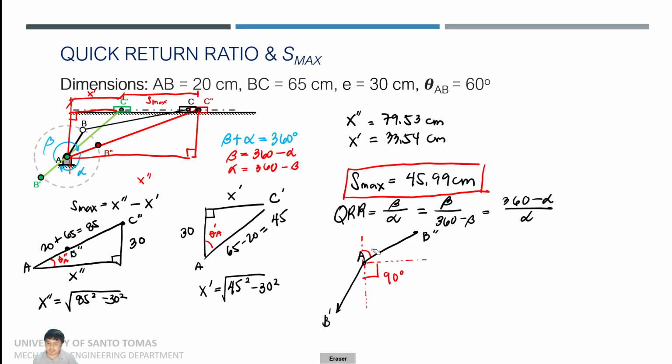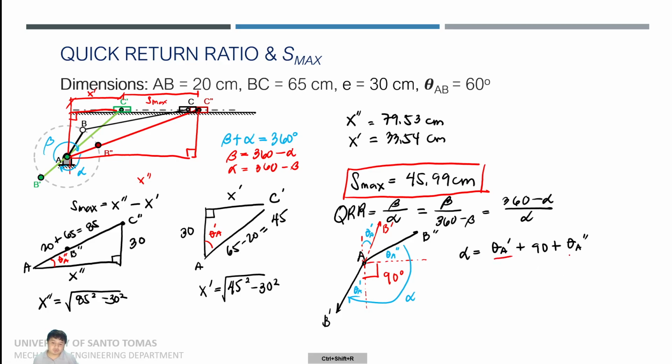Oh, this should not be that one. This should be the B prime. So they are vertical angles. So we have theta A here, and this is also theta A, and this will be theta A double prime. As you can see, the alpha is the total angle here. So alpha is equal to theta A prime plus 90 plus theta A double prime.